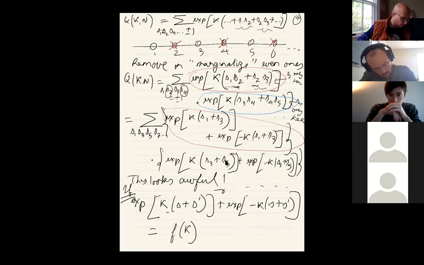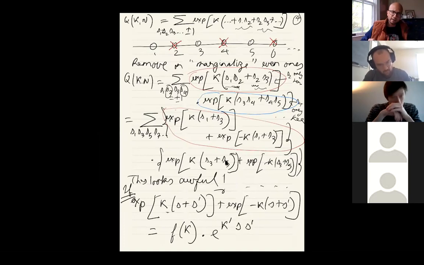So if this thing could be written in a form f of k multiplied by e of k prime s s prime, it looks like an abstract form, but it will become clear in a moment. And if this would be true for all s and s prime equal to plus minus 1, how many of such combinations are there? 4 combos, right? s is equal to 1, s prime is equal to 1.